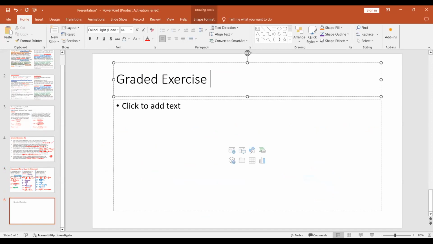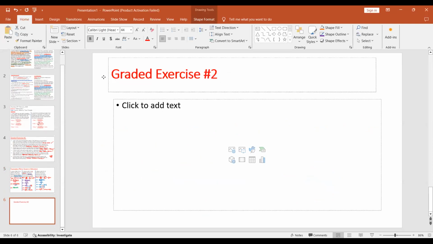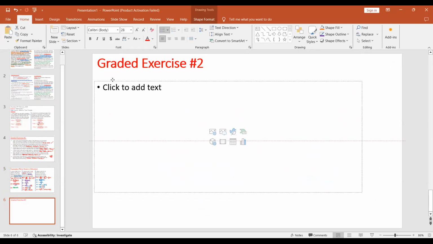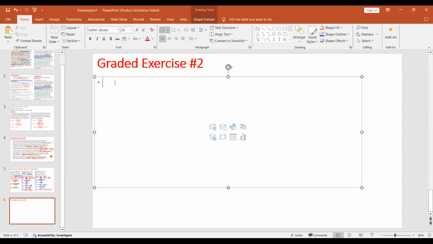Okay, grade exercise, exercise number 2. I'm just going to give you 2 of them. I posted that inside the chat for those persons who are still working on it.